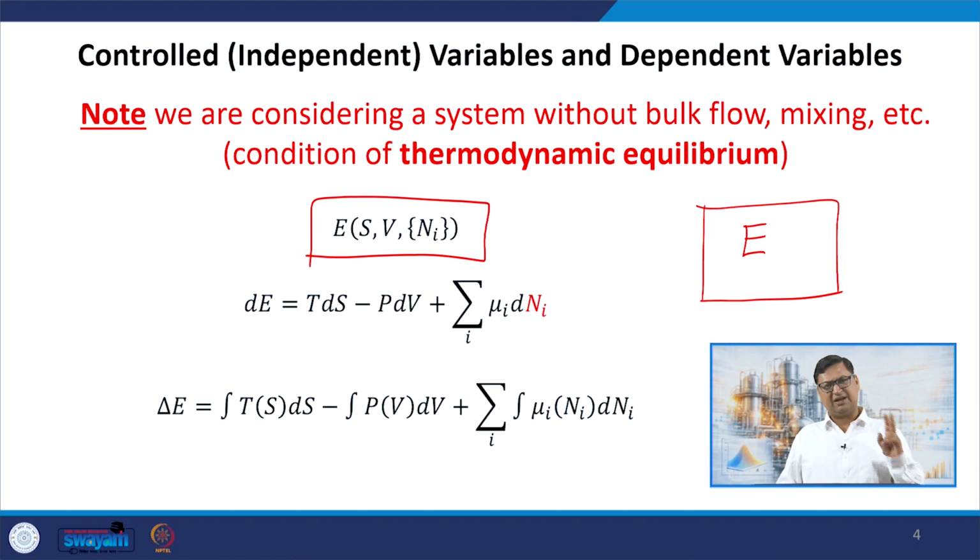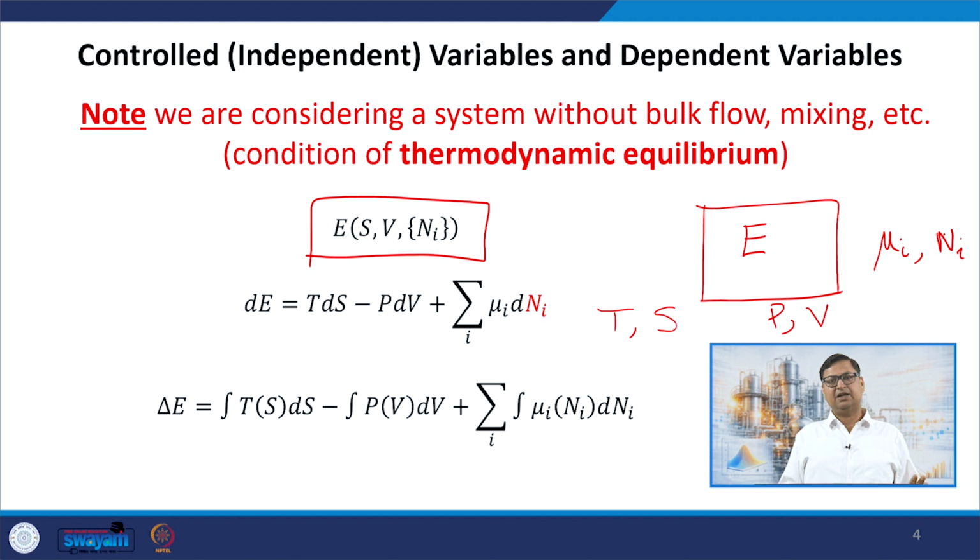So, we have to pick one from each pair. I will tell you why. We have variables that dictate thermal energy change, T and S. We have variables that dictate the mechanical energy change, P and V, and then we have variables that dictate the chemical energy change, mu i and Ni, right.